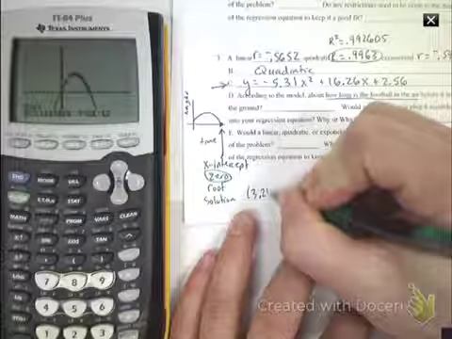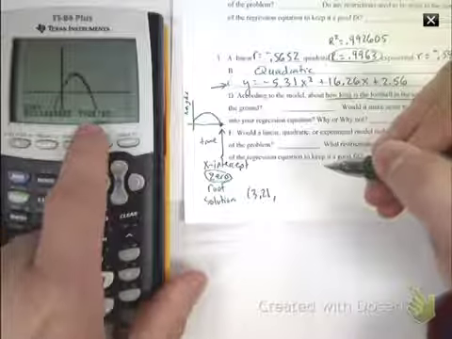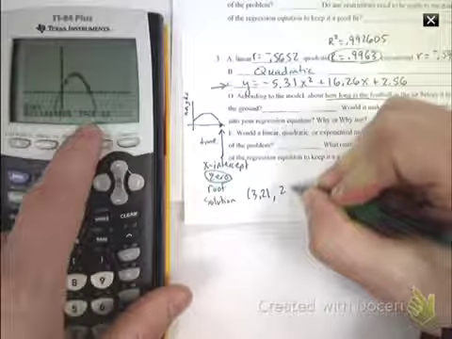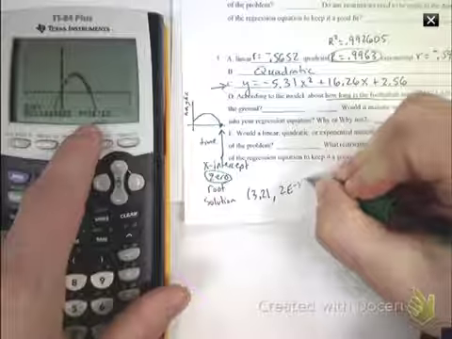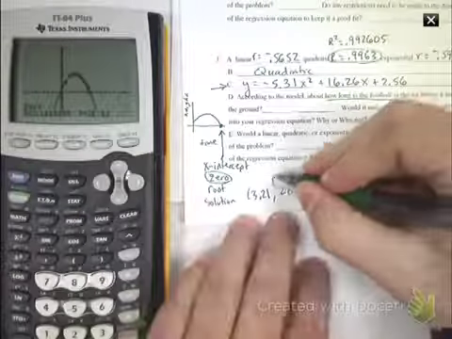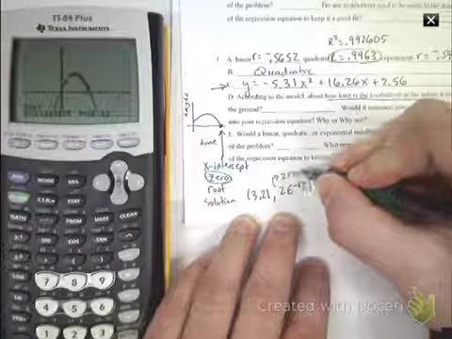So this point right here is the point 3.21, comma. Now, if you haven't seen this sort of number before in your calculator, 2e negative 12, this is scientific notation for your calculator. This is literally 2 times 10 raised to the negative 12.